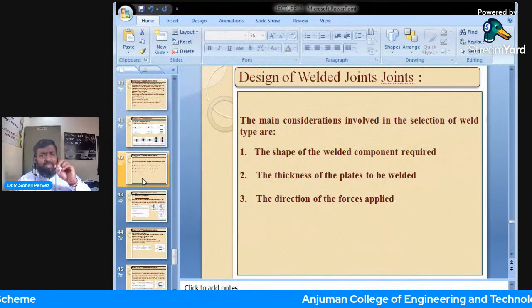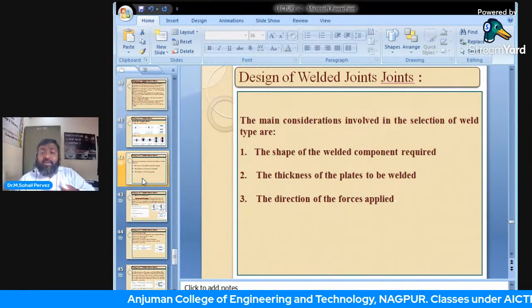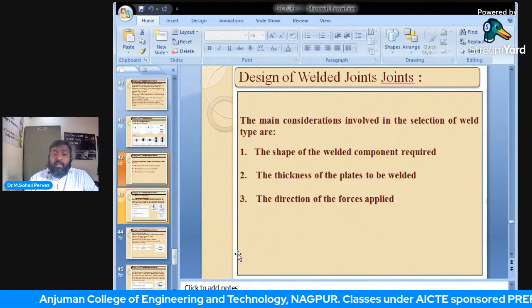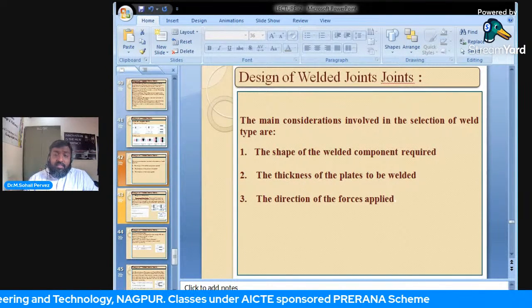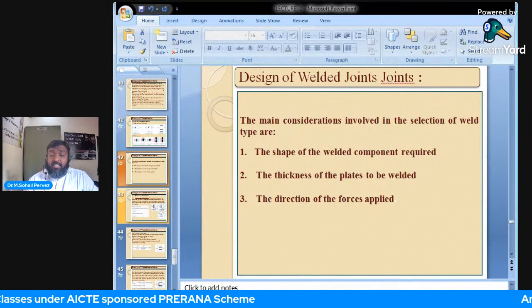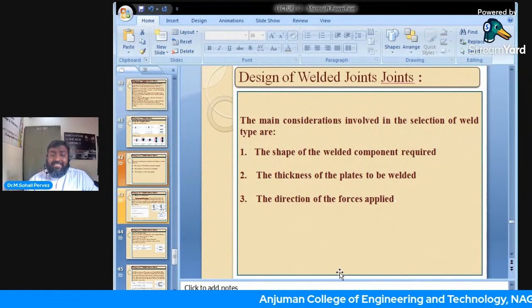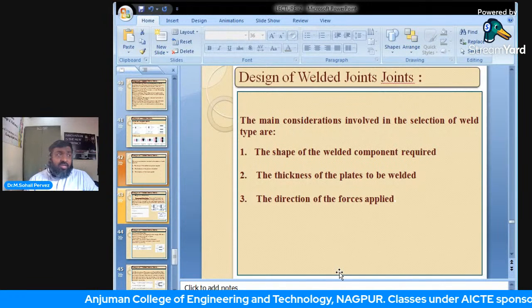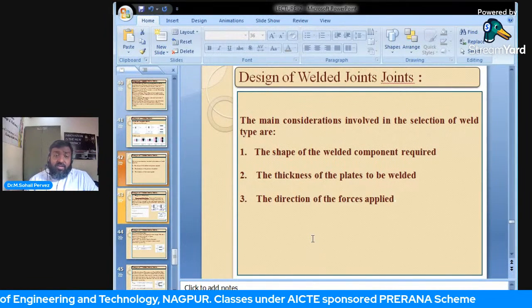This is the basic consideration involved in the design of any weld type or joint: the shape of the welded component required, the thickness of the plates to be welded, which is very important, and the direction of force applied. Because all this decides the type of weld or welded joint.